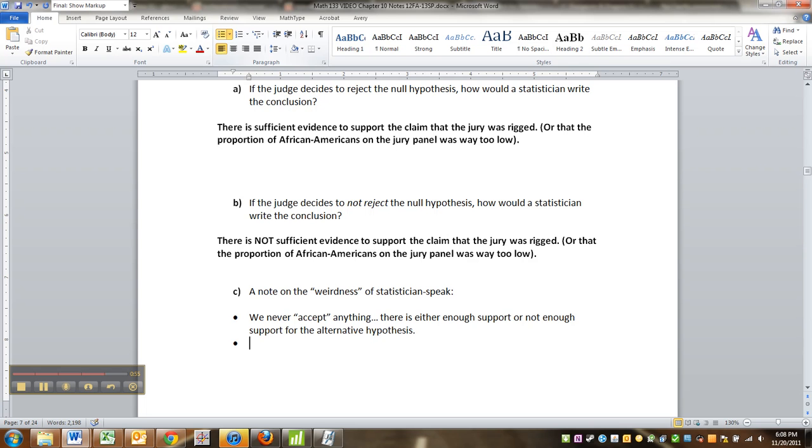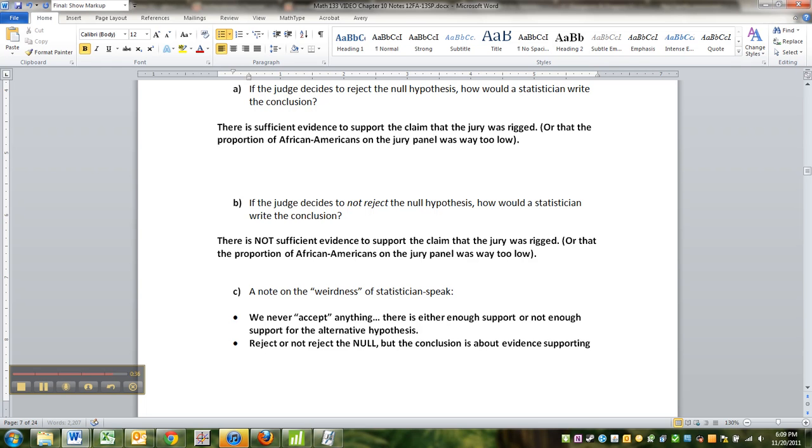That's it. Never anything else. And while we're on the subject, when you make your rejections, let's put it this way, reject or not reject the null, but the conclusion is about evidence supporting the alternative.